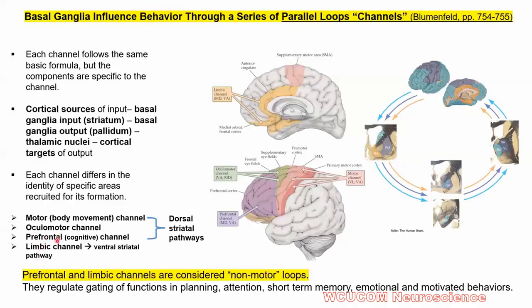Because the prefrontal or cognitive loop and the limbic loop regulate gating of functions in planning, attention, short-term memory, emotional, and motivated behaviors. So they are non-motor primarily, and some of them may overlap with what you might call psychomotor functions and initiative taking in a much broader sense now.